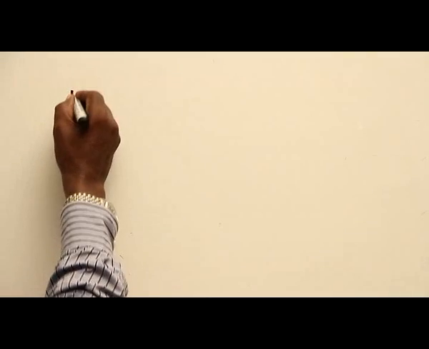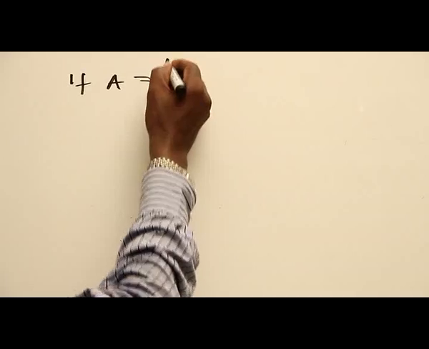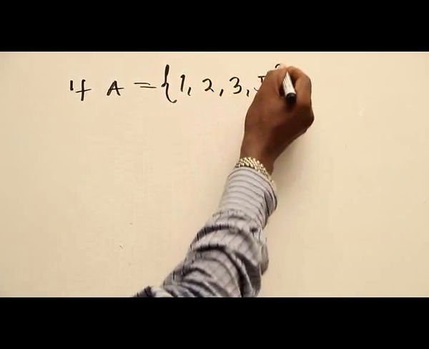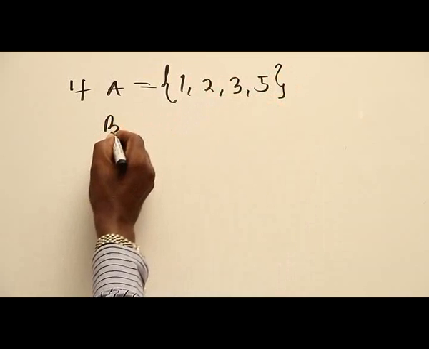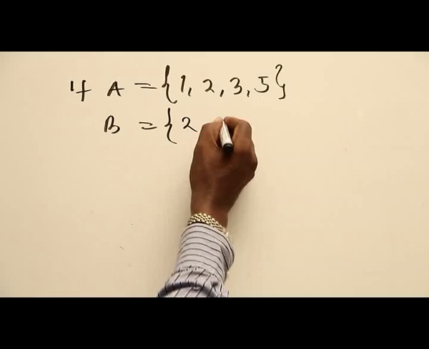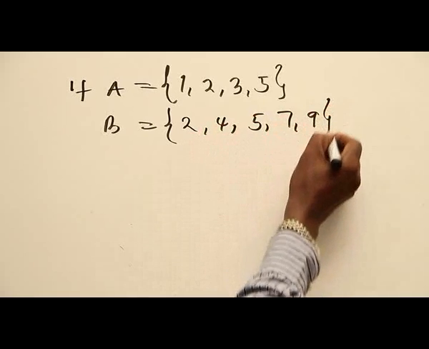So our example is, if a set A is defined as 1, 2, 3, and 5, and then another set B is defined as 2, 4, 5, 7, and 9.